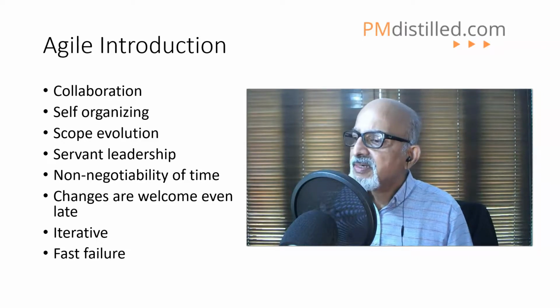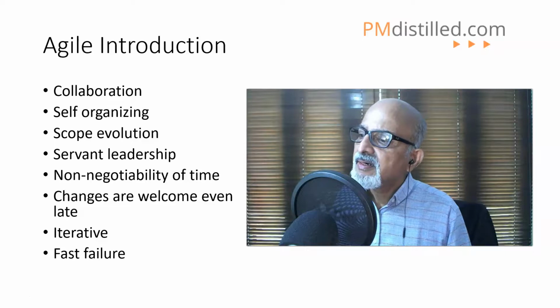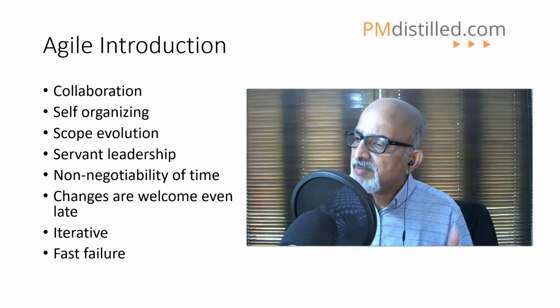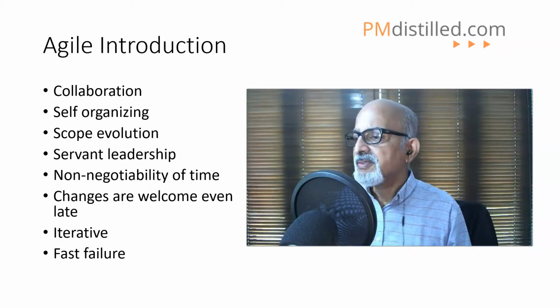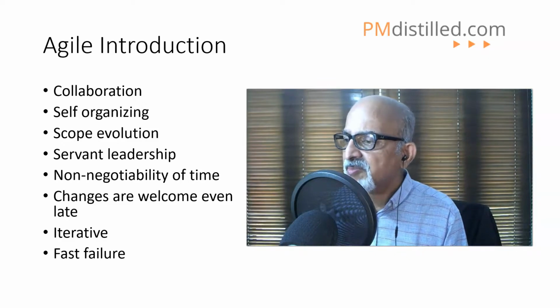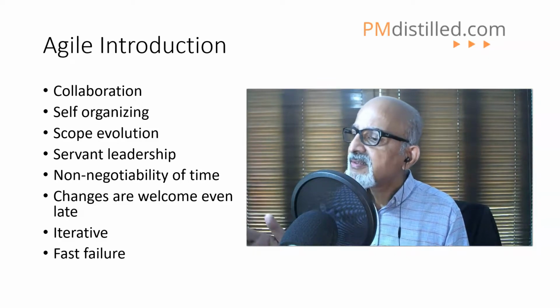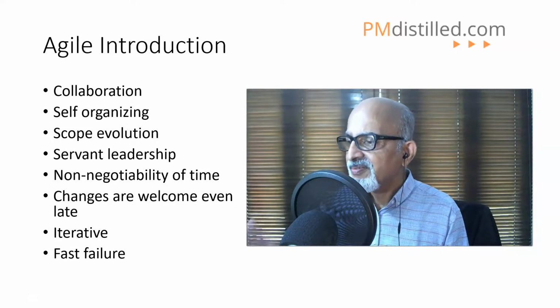And with this understanding, I request you to start with iteration 7, and when you complete iteration 8 of the PMdistilled program, things will be very clear to you. Whatever we learned from iteration 1 to 5, that was for predictive project management, that is done. Please keep it aside. Now we are learning something new or different.